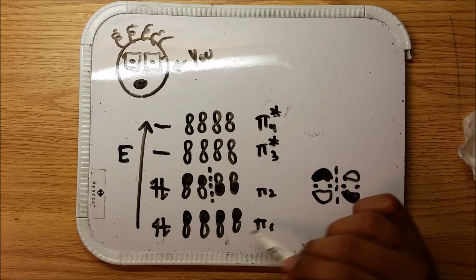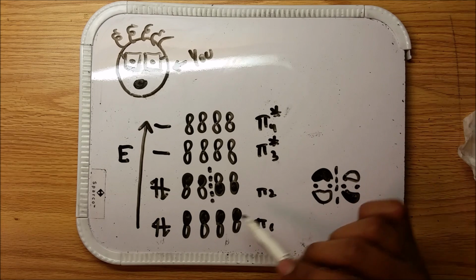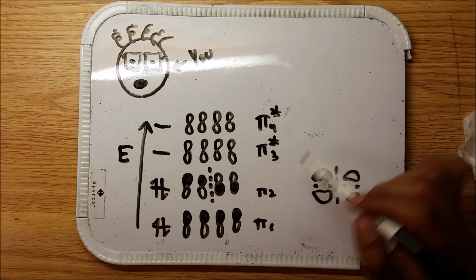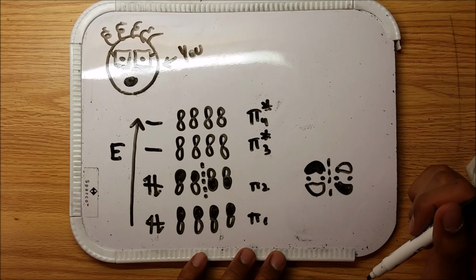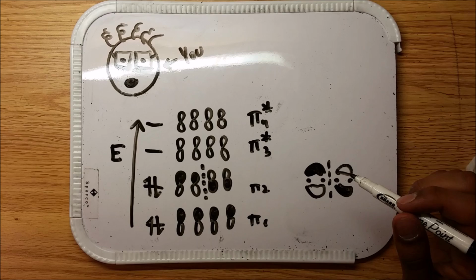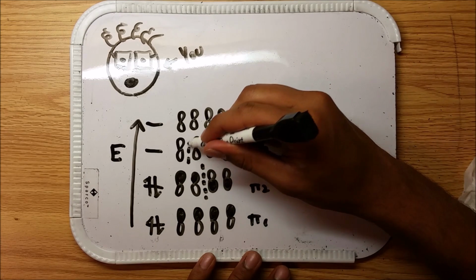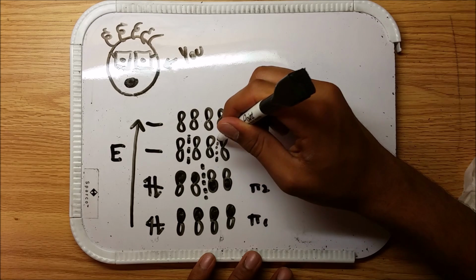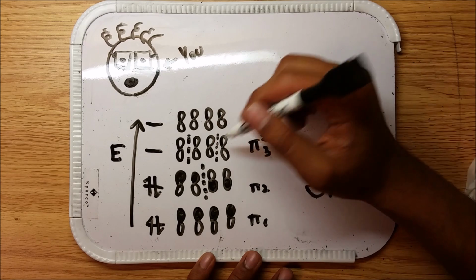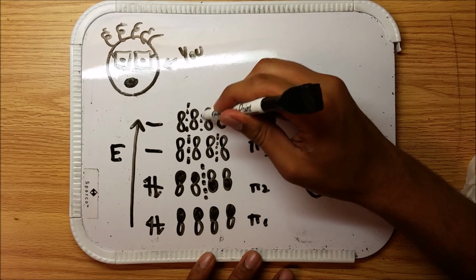So 1 minus 1 is 0, no nodes over here. 2 minus 1 is 1, and there is 1 node over here, and we'll have 2 and 3. And they are placed symmetrically throughout the molecule, or as symmetrically as possible. So with the 2 nodes, we will place them between these 2 p orbitals, and with 3 nodes, they go all the way through.